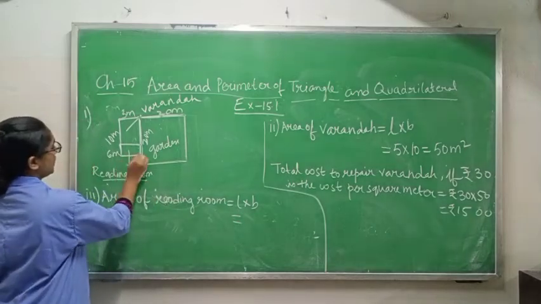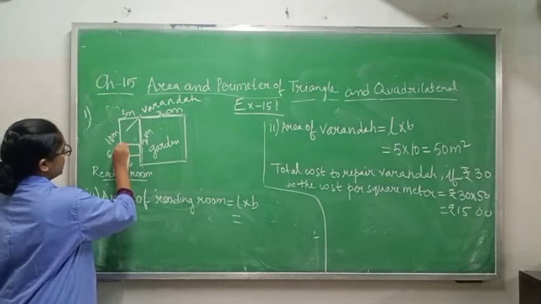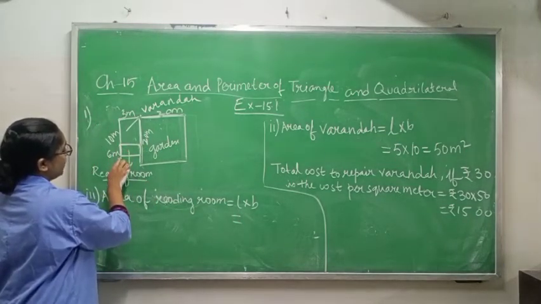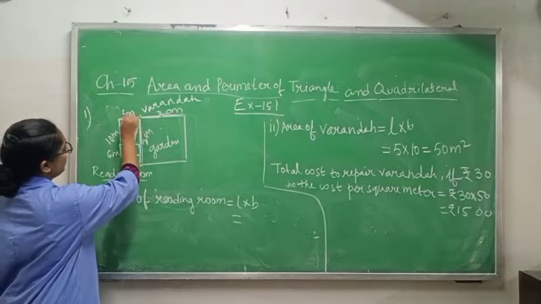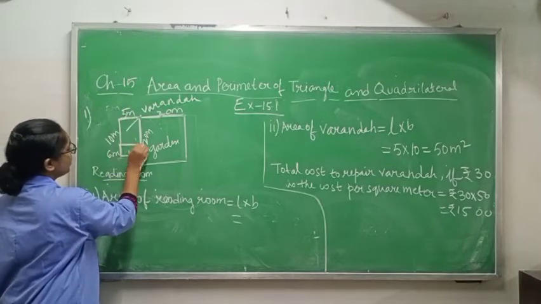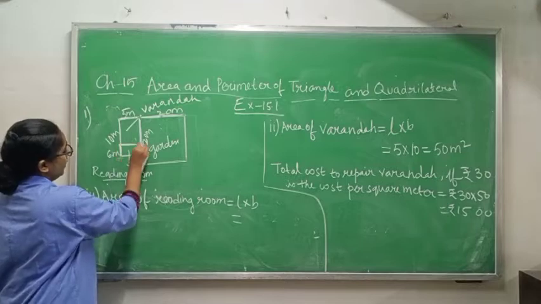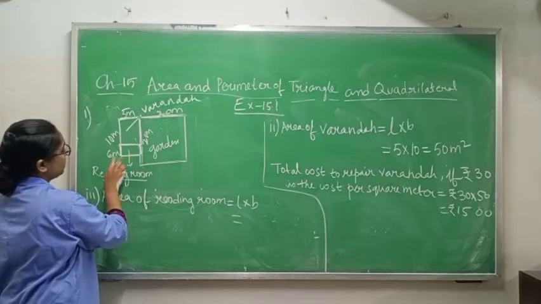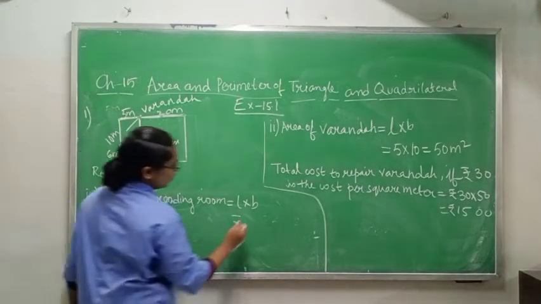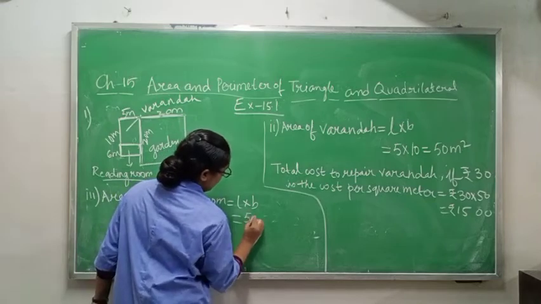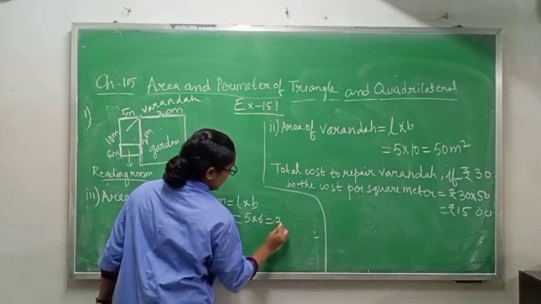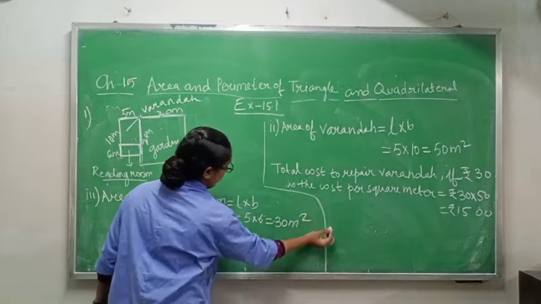Now see, this one is the reading room. This part is given, breadth is given, length is 5. Why? Because if this one is 5, this one is also 5. So if this is the shape, breadth is 6 meter and length is 5. So you will do 5 into 6, which you will get 30 meter square.